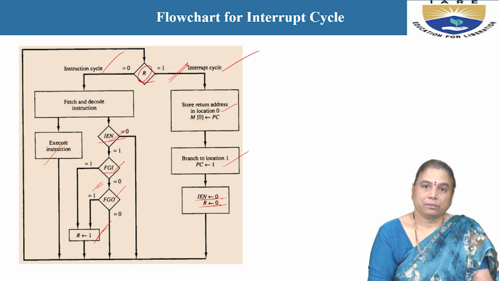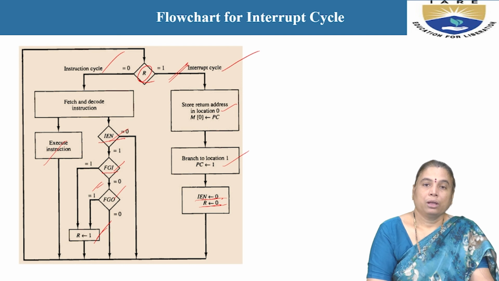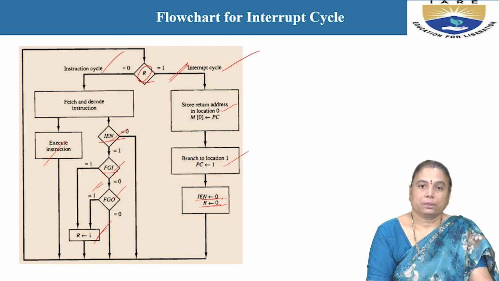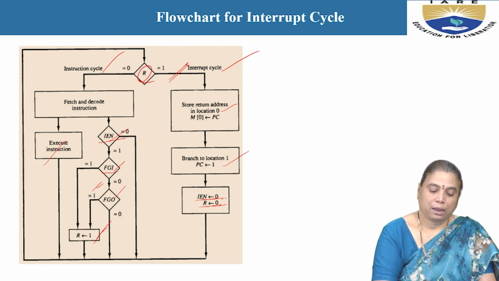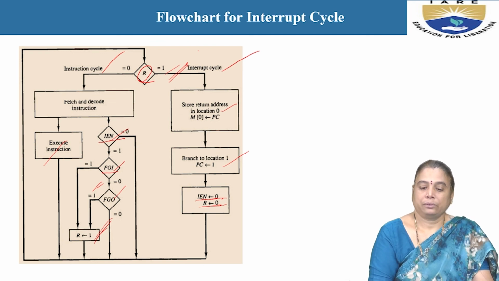If it contains 1, we have to identify the category of the interrupt, whether it is an input interrupt or an output interrupt, with the help of FGI and FGO. In these cases, the R value can again be 1 in order to indicate that an interrupt has been raised. So this is the flowchart for the interrupt cycle.